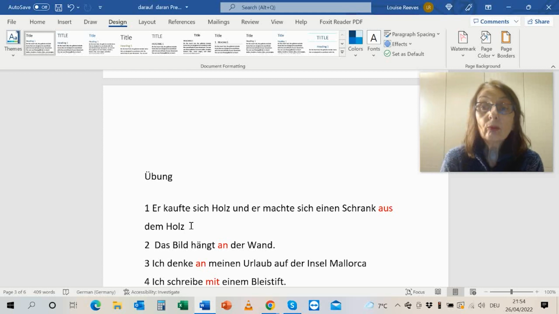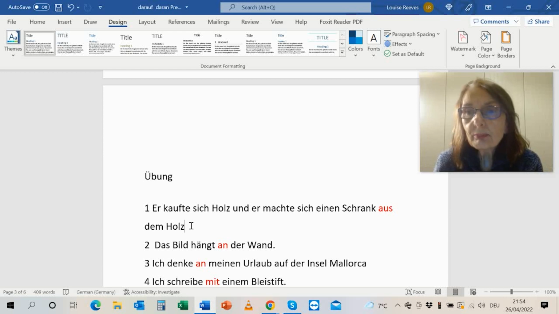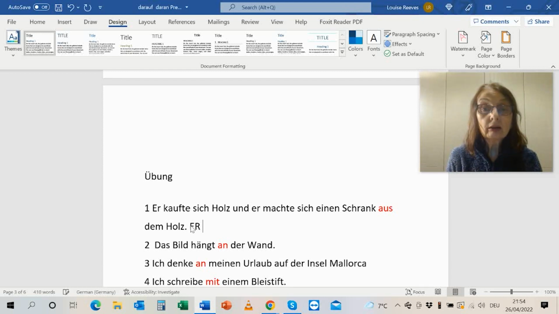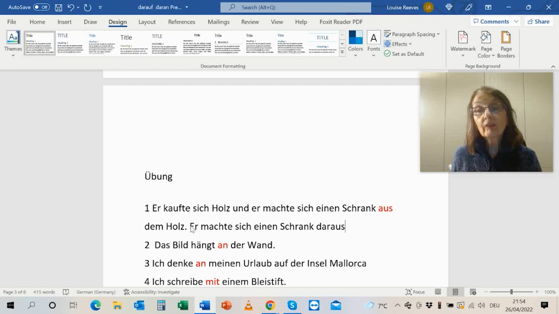Less boring. So what do you do? The snake in the grass really are the prepositions, because you have to watch out for them. You cannot leave the preposition out. So you would say, machte sich einen Schrank daraus. Noticing I've got the R there because of the two vowels.